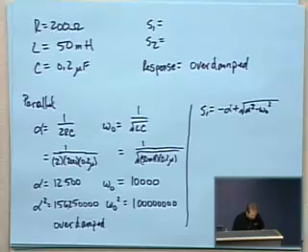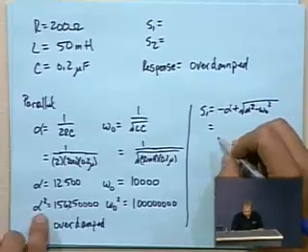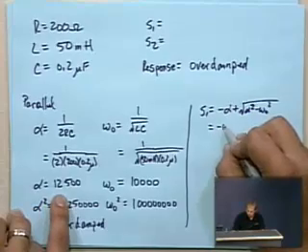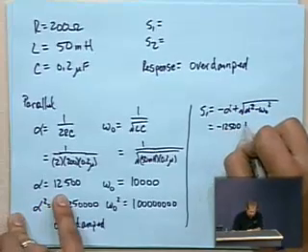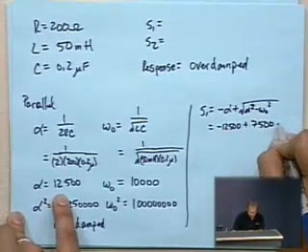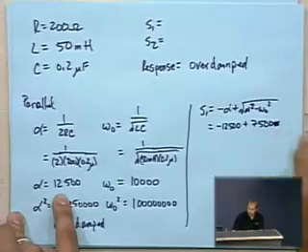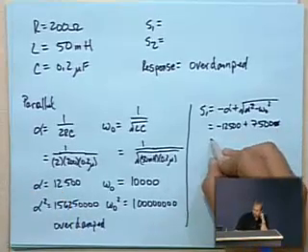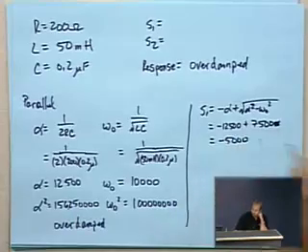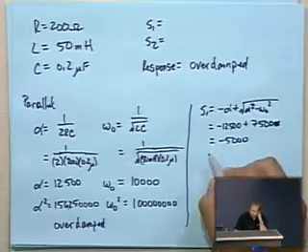Take the square root of that, and that gets us 7,500. So that's negative alpha, which is negative 12,500, plus 7,500. So that equals negative 5,000. There's our first root.